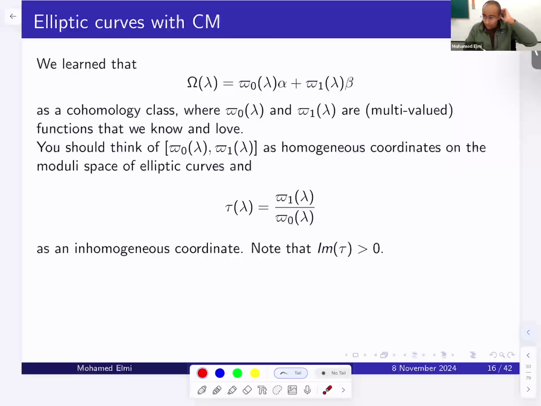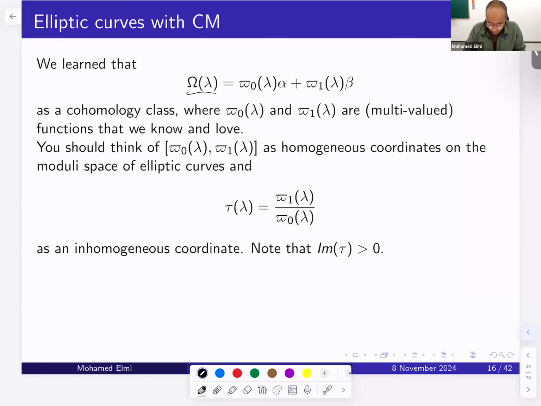So you should think of these functions, these pi0 and pi1, as homogeneous coordinates on the moduli space of elliptic curves. They're homogeneous because, as you saw before, the normalization of this holomorphic one-form isn't fixed. I can always multiply it by something.